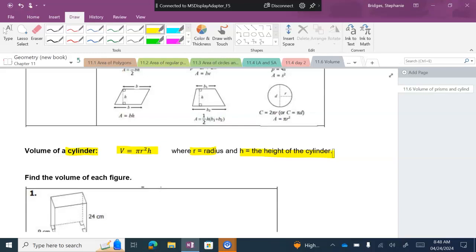So if you look at our first shape, what is the base? What shape? Rectangle. Okay, so what I want you to do first is looking at the bottom of that picture. Look at that bottom rectangle and find the area of it.